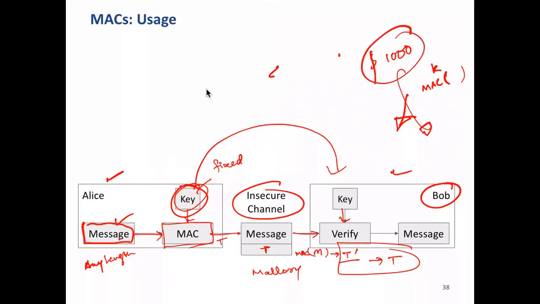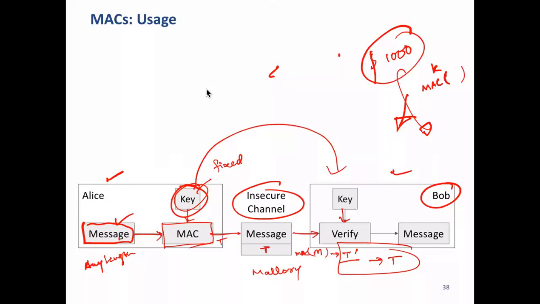What is the proof that Alice has or has not sent it? There's nothing. In court, Bob cannot prove it because Bob also has the key. So this MAC satisfies two properties, authentication and integrity, but does not satisfy non-repudiation.